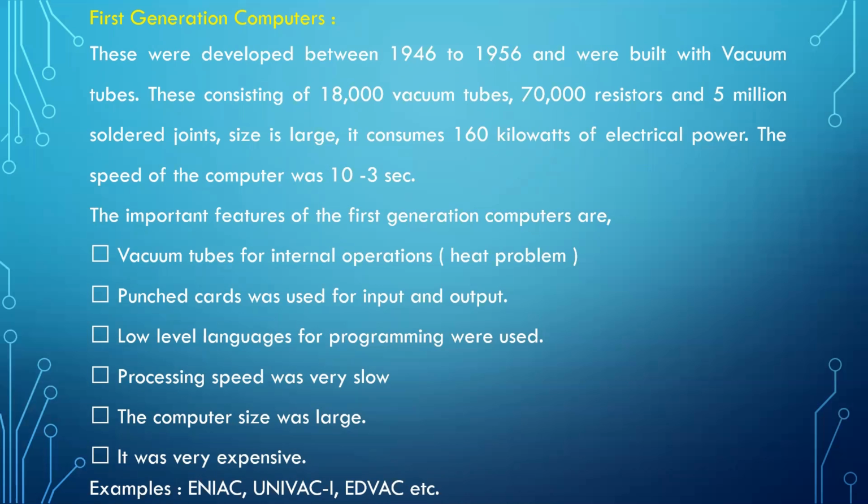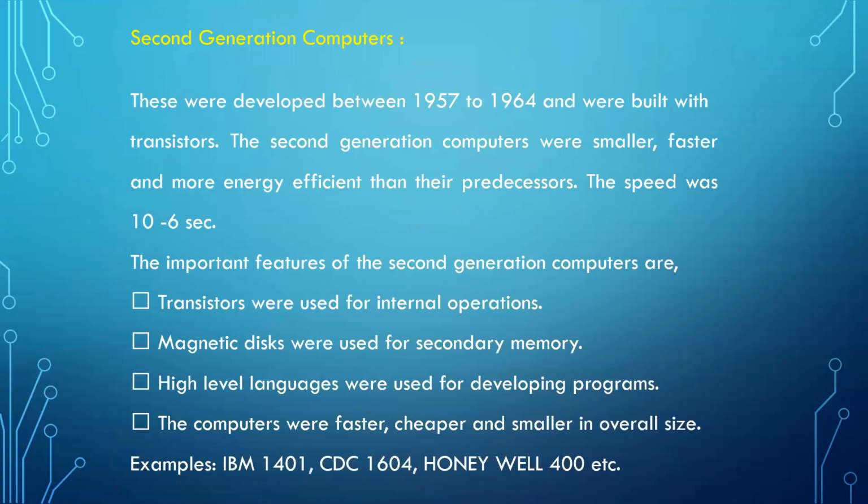When you compare the first generation with later generations, the processing speed was very slow, the size was very large, and the cost of these computers was more expensive compared to the second, third, fourth and fifth generation computers. The best example of this is ENIAC, our first electronic computer, Electronic Numerical Integrator and Calculator. After this, we have completed the second generation of computers.